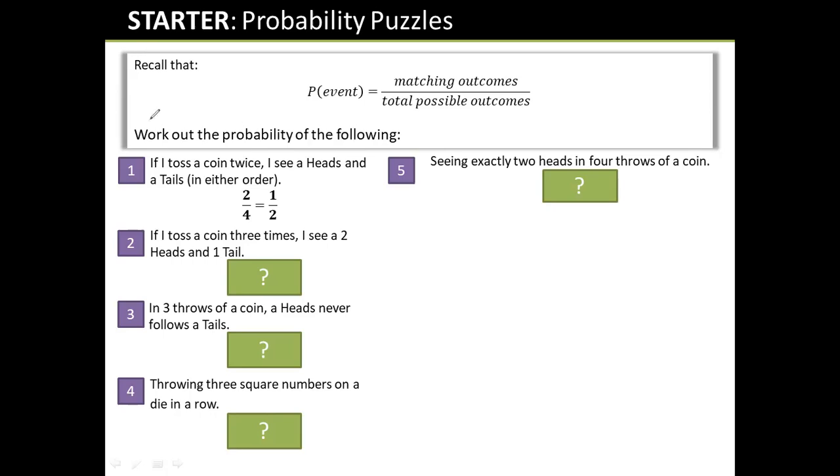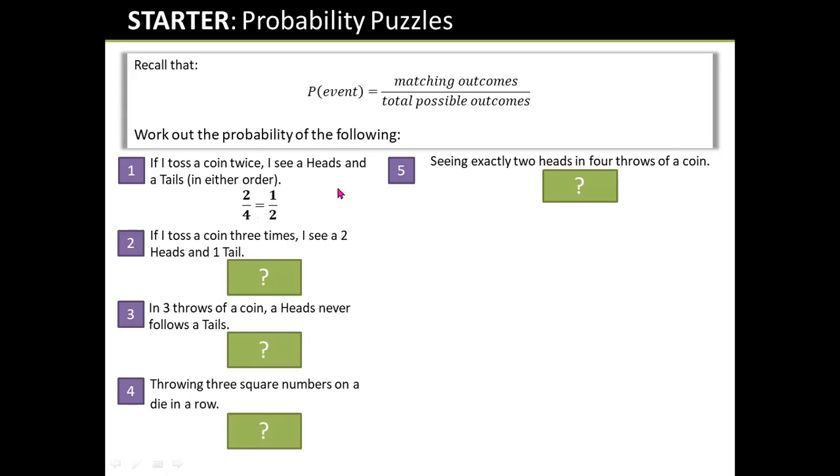So in this situation, if you toss a coin twice, that means you multiply it 2 times. So 1/2 times 2 is 2 over 4. If we reduce to lowest terms, it is still 1/2 or 50% chance.